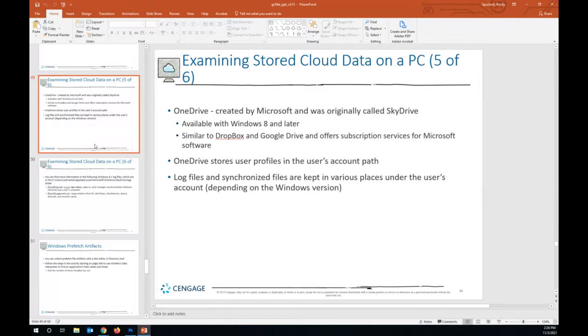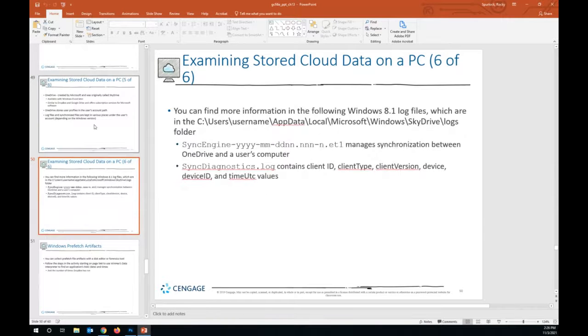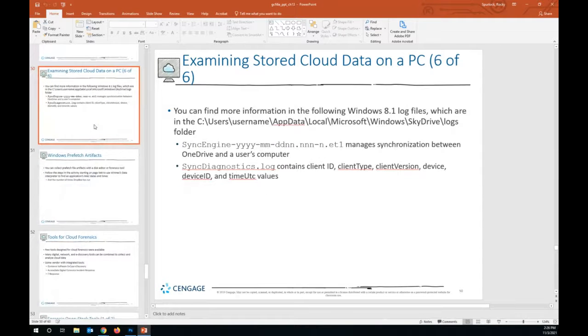Depending on the Windows version, the log file and synchronized files are going to be kept in various places under the user's account. We see some examples here, like the sync engine, the data format that manages synchronization between OneDrive and the user's computer.